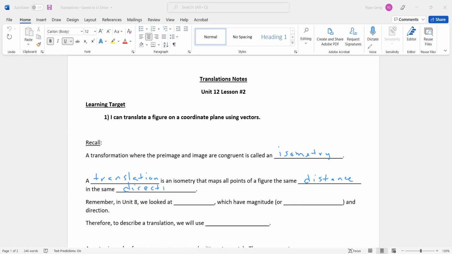Now, we've talked about something that had distance and direction. We didn't call the distance distance, we called it magnitude. We looked at, in Unit 8, vectors, which have magnitude or distance and direction. Therefore, to describe a translation, we're going to use vectors.